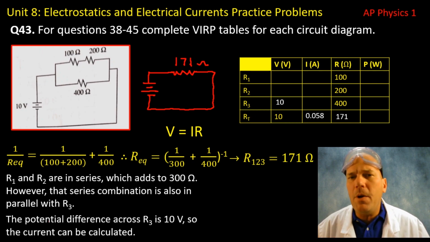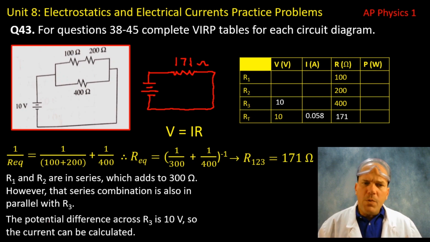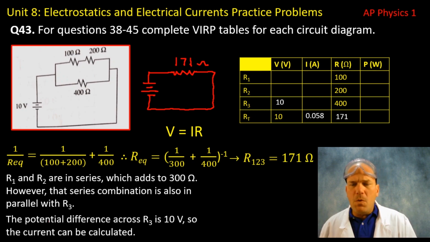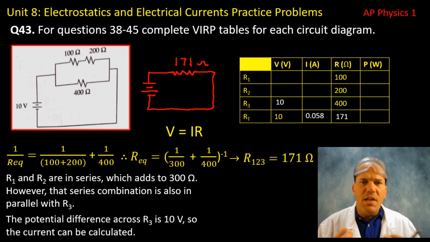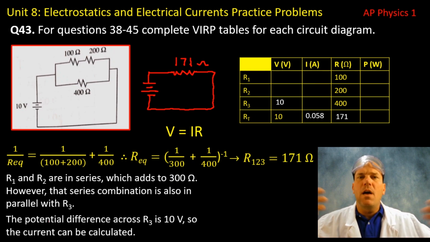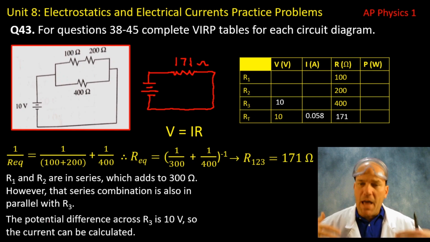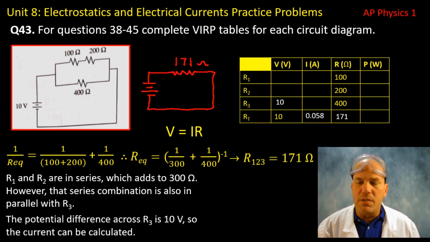Now, we can go through and look at R3. R3 is one branch of this parallel circuit. Now, R3 will drop the full 10 volts across it. So the potential difference for that one resistor is 10 volts. However, we cannot do that for the other branch, which in reality, the other branch has two resistors in series.